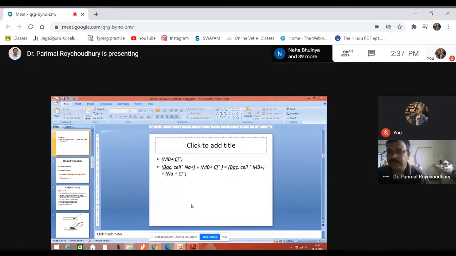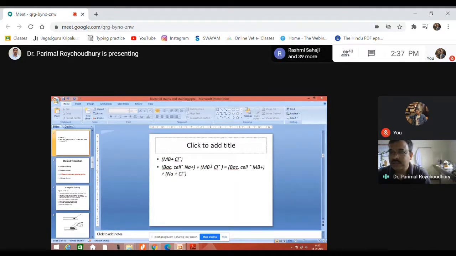So to understand, take methylene blue chloride, a neutral dye compound. In methylene blue chloride, the methylene blue is positively charged and chloride is the negatively charged ion. This is a common dye that we use to impart color to bacteria. The bacterial cell is also a combination: bacteria are negatively charged, with some sodium salts present.